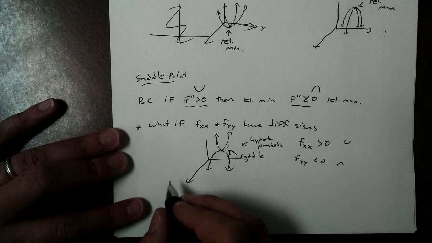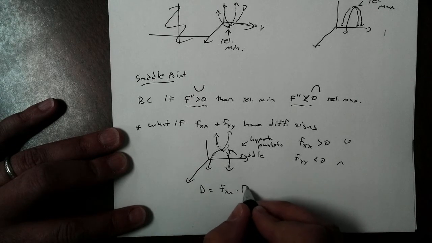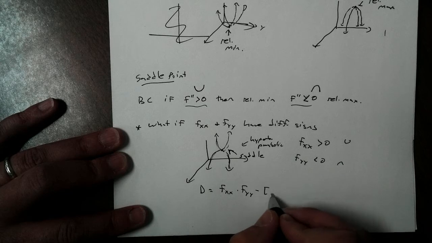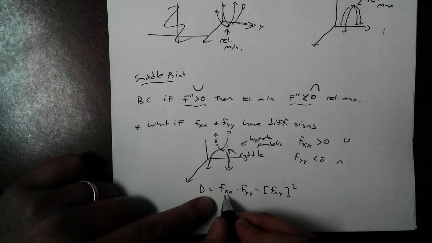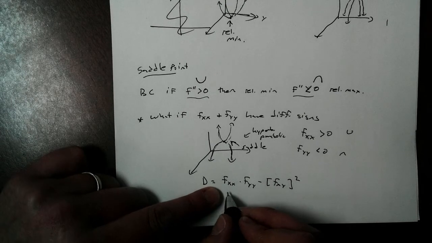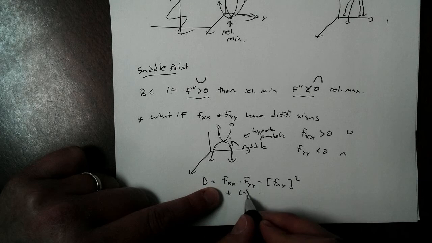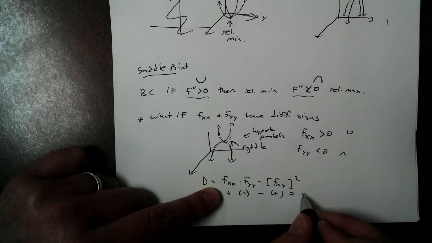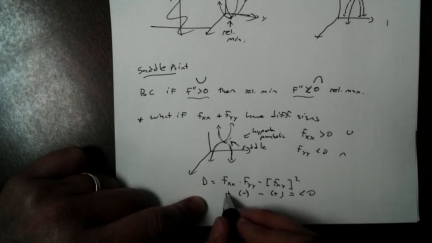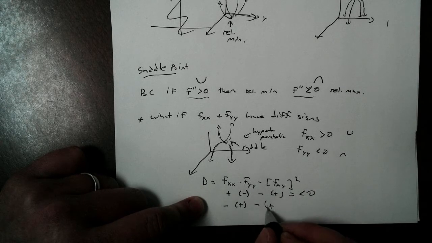But what does that do to my function? Well, remember, my second derivative is fxx fyy minus the partial of fxy squared. Well, if this is positive and this is negative, minus a positive here, that's going to be less than 0. If this is negative and this is positive, it's still minus a positive.